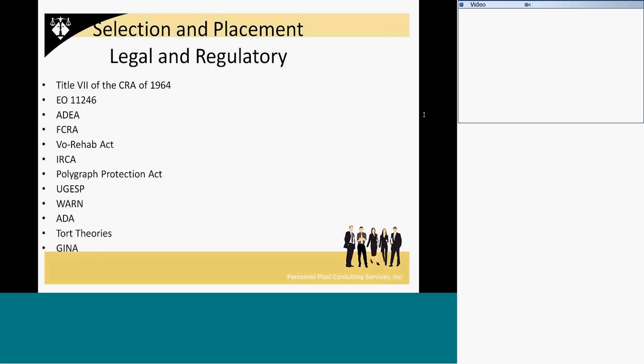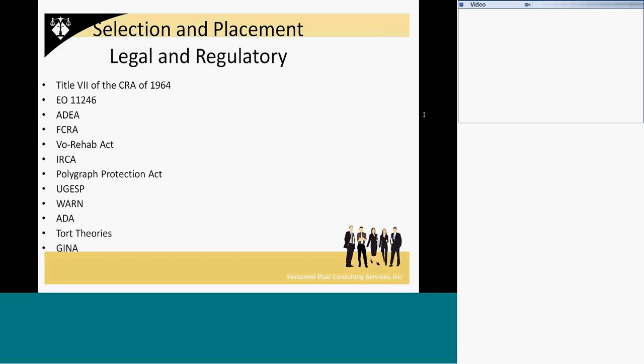If you get information about a potential employee from a credit reporting agency, so that could be things like going online to publicrecords.com, or going to a private investigator for a criminal background check, anything other than you personally contacting the source is covered by the Fair Credit Reporting Act.